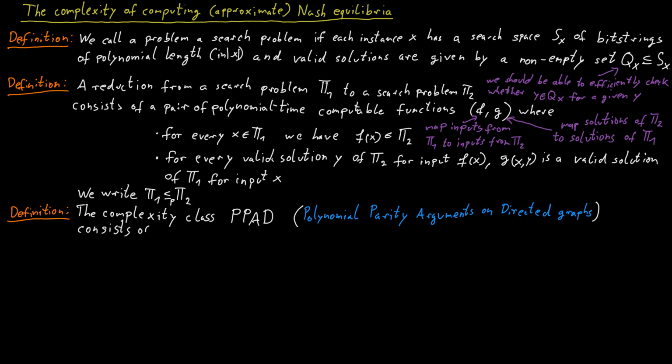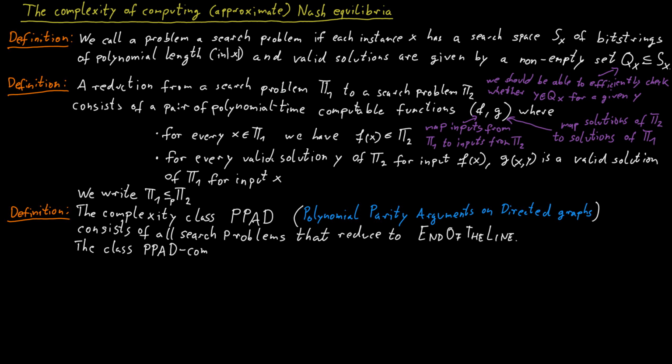The complexity class PPAD consists of all search problems that reduce to this problem end of the line that I told you about. So everything that reduces to end of the line is in this class PPAD. And furthermore, the class PPAD complete will be the class of the most difficult problems in PPAD.